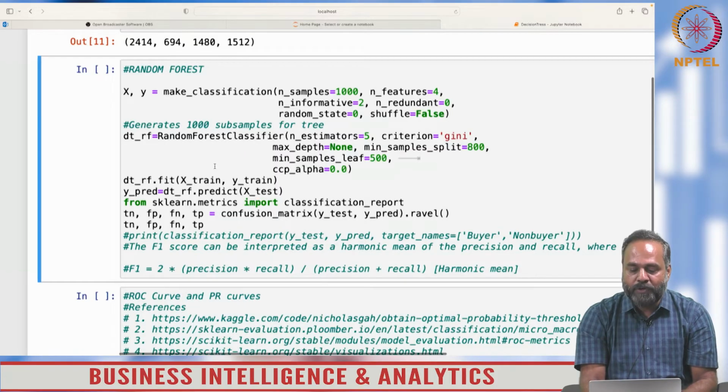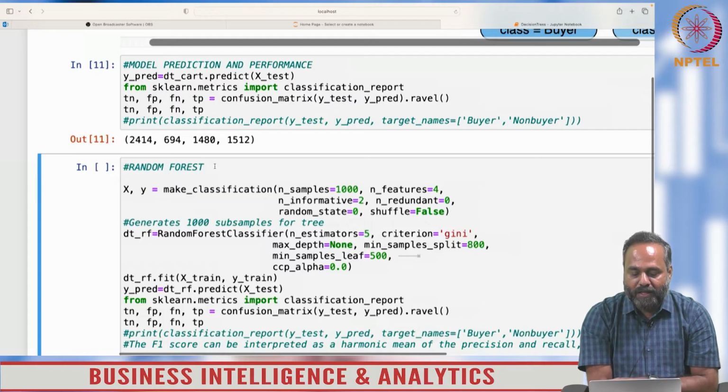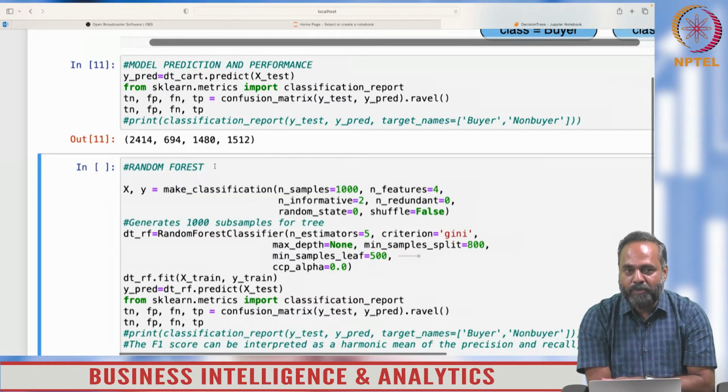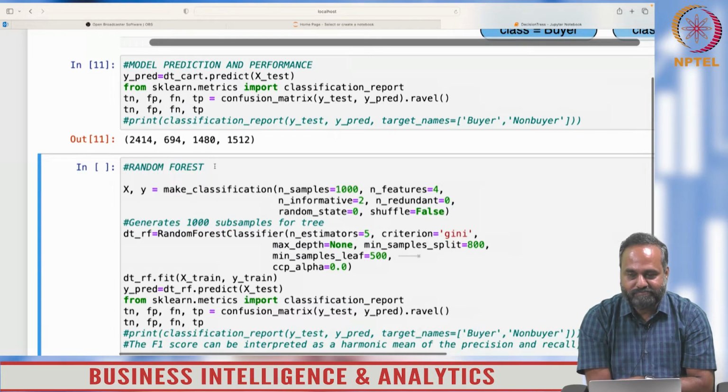So far so good. If you have to calculate sensitivity, what is the sensitivity? Look at the data and can you tell me what the sensitivity is? The data has come in a particular order, right? TN, FP, FN, TP. Tell me what is the sensitivity? 1512 divided by, that is true positive, divided by, come on, it should not take time.